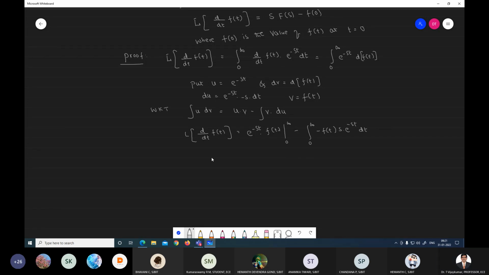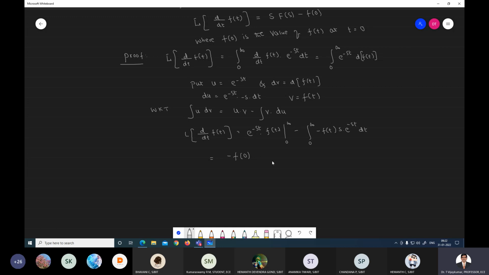Is it clear? What is the first term value? e to the power of minus infinity is 0. Again, minus of this: minus f of 0.